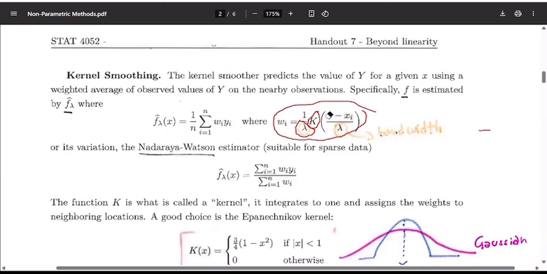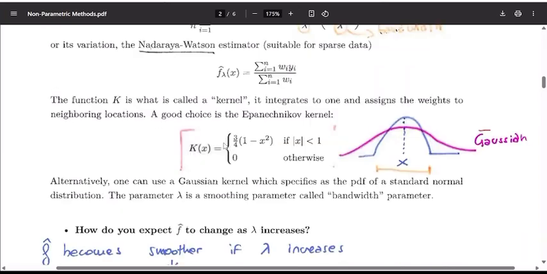One of the common functions used, a very good choice, is a function K, which is what we call the kernel, and it has to integrate to one. It assigns the weight to the neighborhood locations. Those data points that will receive more weight are those that are near the variable you are interested in.